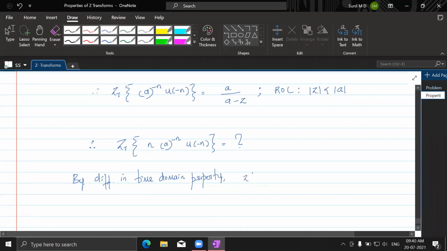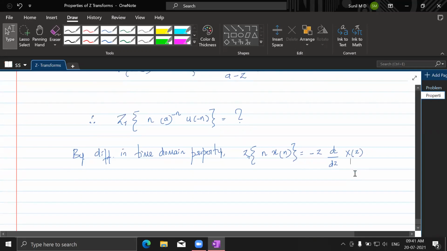The z transform of n x of n. Anybody? Can anybody tell me? This is minus z into d by dz of z transform of x of n. So this is how we need to read it. Understand?